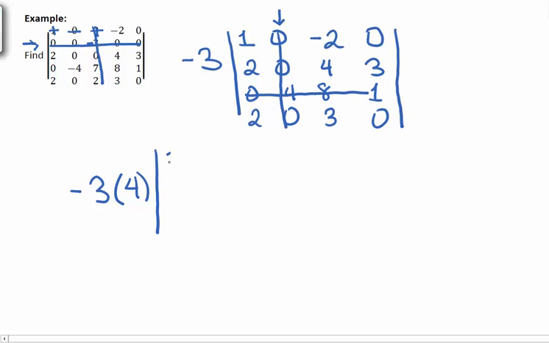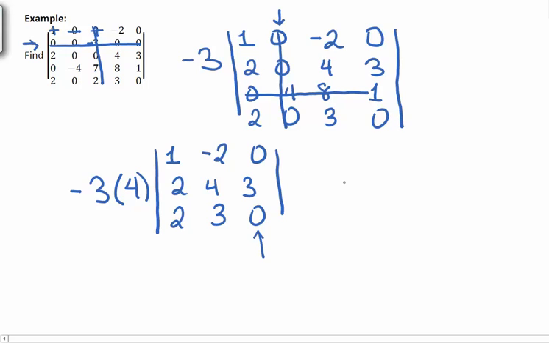I'm left with 1, minus 2, 0, 2, 4, 3, 2, 3, 0. Once again, I'm going to suggest going down this third column since it has lots of zeros. So this 3 is in a negative spot. So negative 3 times 4 is negative 12, times my new negative 3.